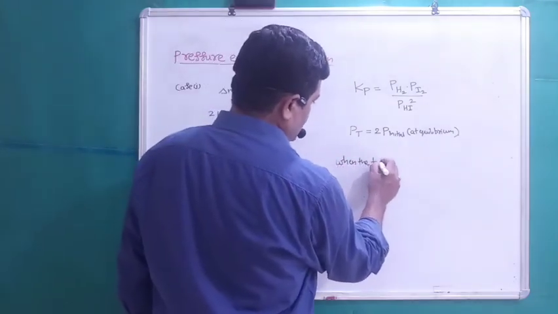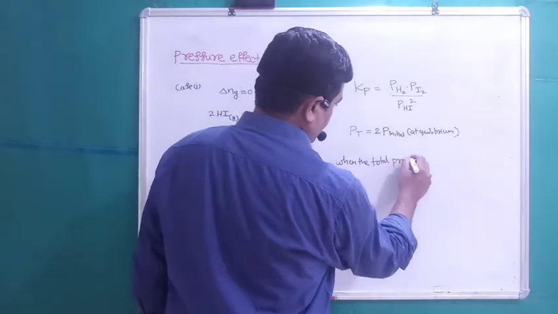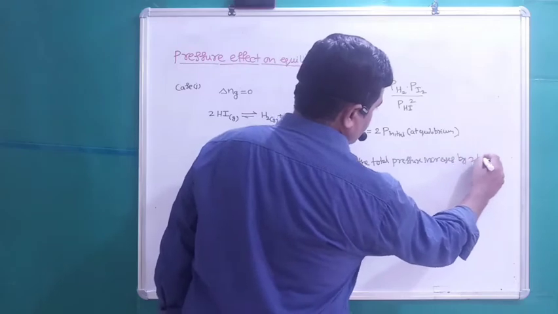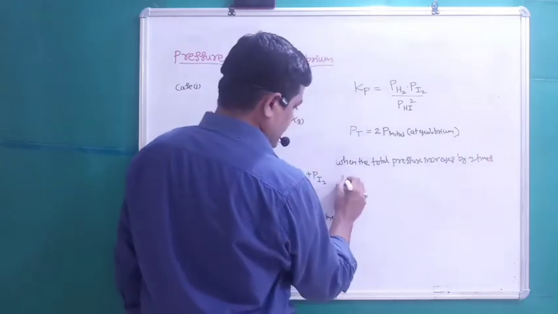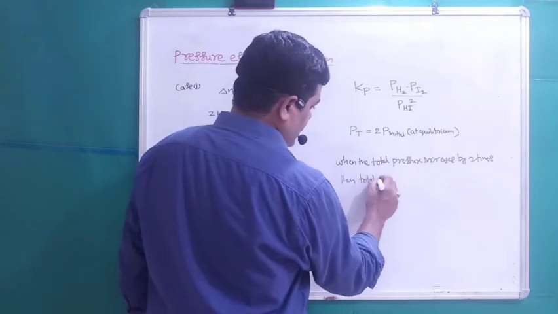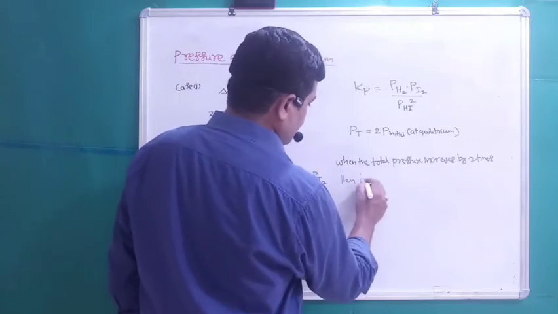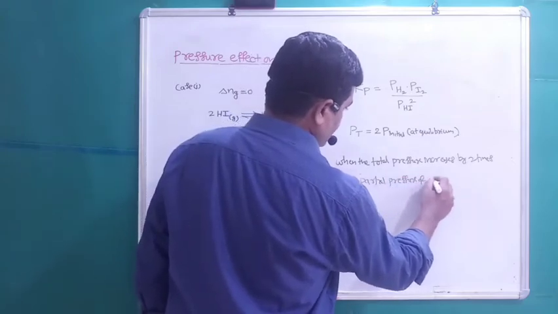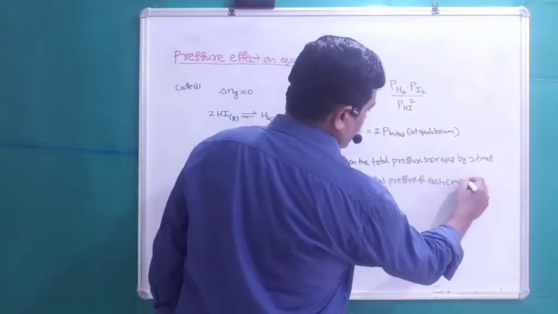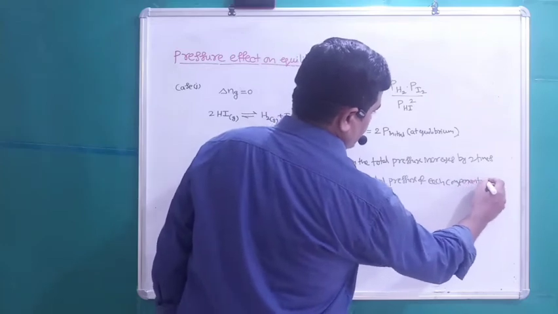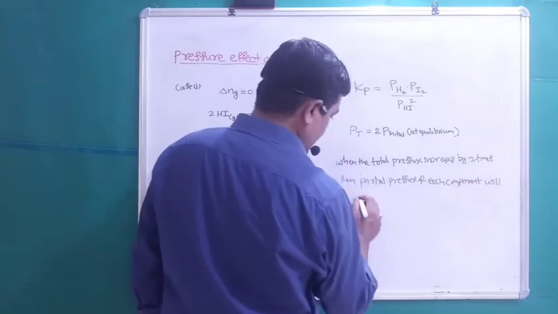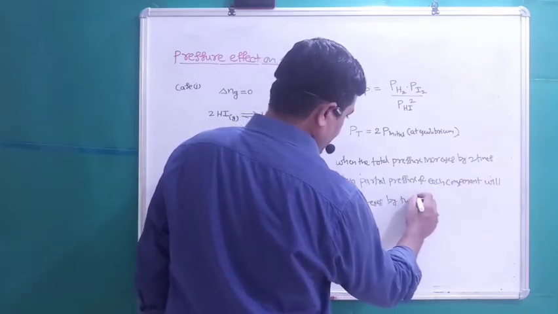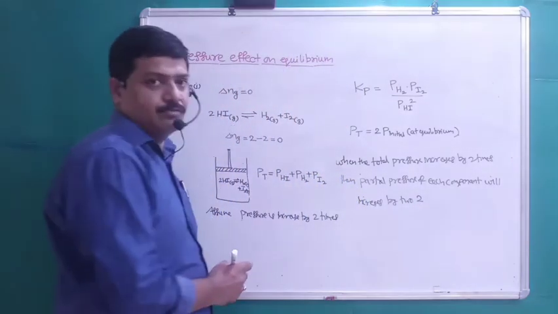When the total pressure increases by 2 times, the partial pressure of each component will increase by the same factor, that is 2, right?